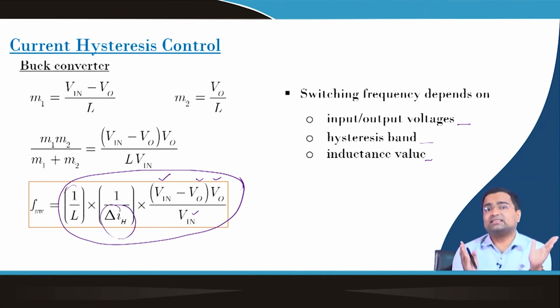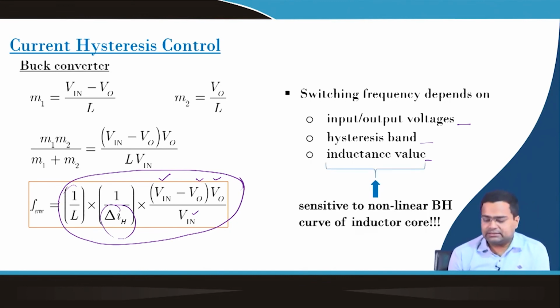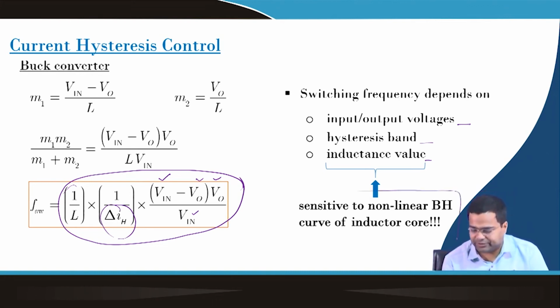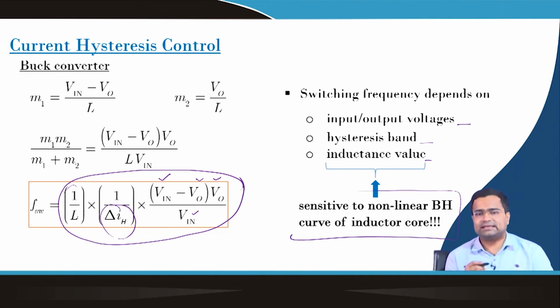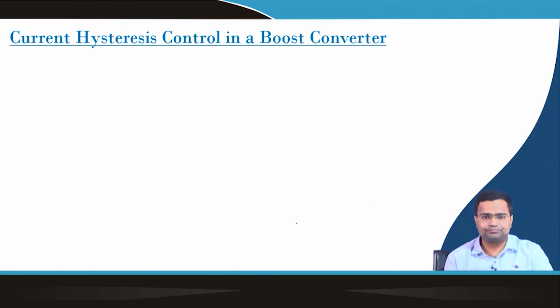As a result, the inductance can vary, and if we even try to operate at a higher current, there can be a core saturation effect, which can drastically change the inductance value. Under such condition, this switching frequency can become very sensitive to the nonlinear B-H curve. That means you have to take care of the switching frequency if you want to regulate it by using a separate control loop like a PLL, phase lock loop.